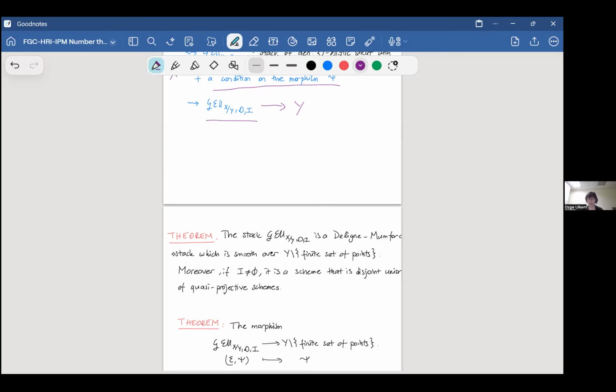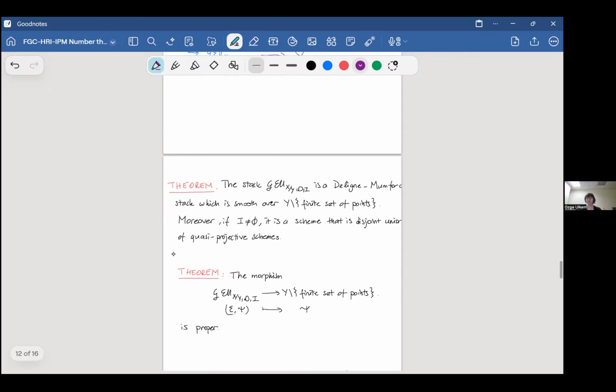So I already have a compact space, which the second theorem tells us: this stack over Y is actually proper. So this D action keeps points in order so that they can't jump far away.